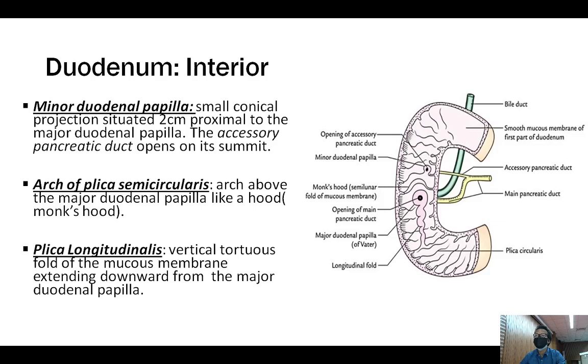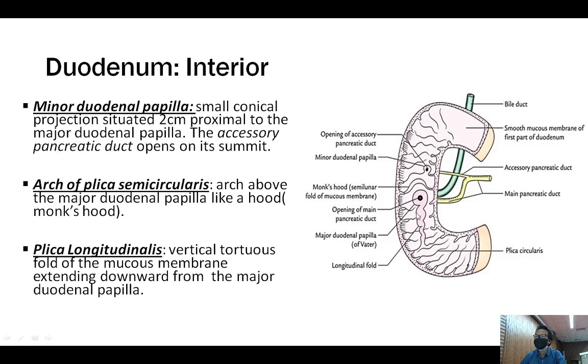Next one is the minor duodenal papilla. Again, this is a small conical projection situated 2 cm proximal to the major duodenal papilla. Proximal to the major duodenal papilla, you have this minor duodenal papilla. And as I said, this gives opening to the accessory pancreatic duct.